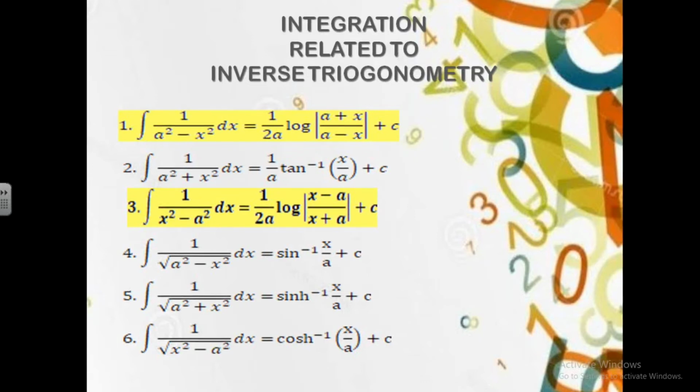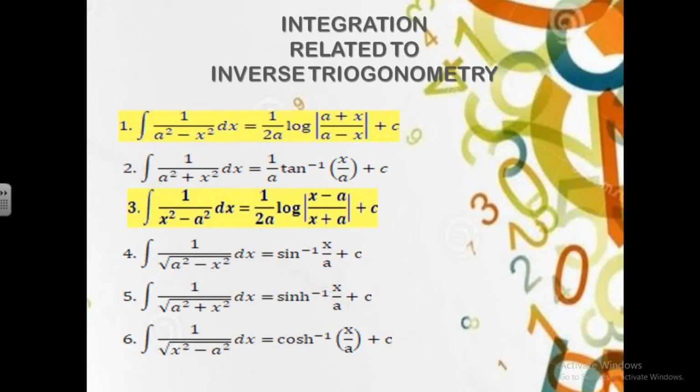Next, in the sixth one, integration of 1 by root x square minus a square, it starts with a variable x square and has a minus sign, so it becomes cos h inverse of x by a. So by clearly observing the fourth, fifth and sixth: in the fourth one, integration of 1 by root a square minus x square into dx is equal to sin inverse of x by a. In the sixth one, integration of 1 by root x square minus a square into dx is equal to cos h inverse of x by a, right?